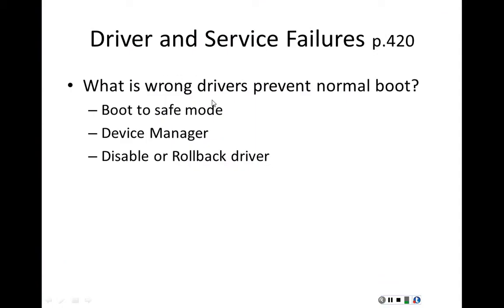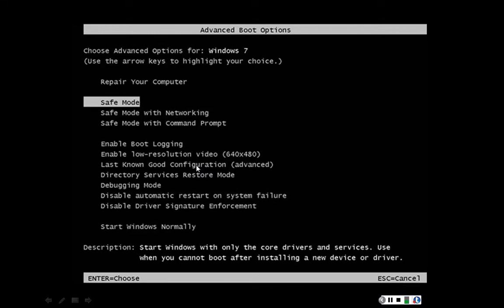But what if you've loaded the wrong driver and that wrong driver prevents the system from booting at all? That's when you go into safe mode. You go into safe mode, you go into Device Manager, and then you roll back that driver that's screwing the system up. To go into safe mode, you turn the computer on, you press F8 upon boot up, and you select safe mode.